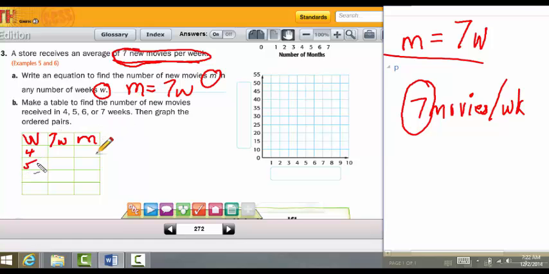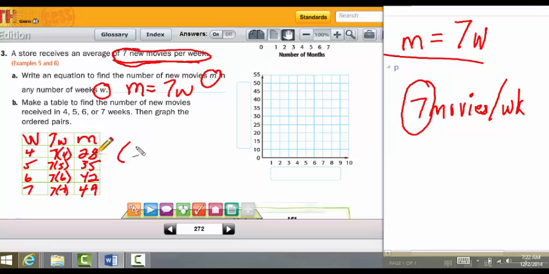So this is 7 times 4, 7 times 5, 7 times 6, and of course 7 times 7. And our outputs would be 28, 35, 42, and 49.